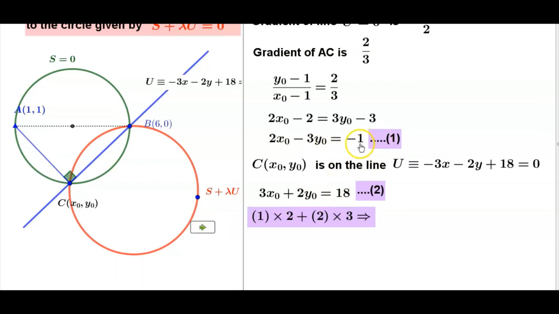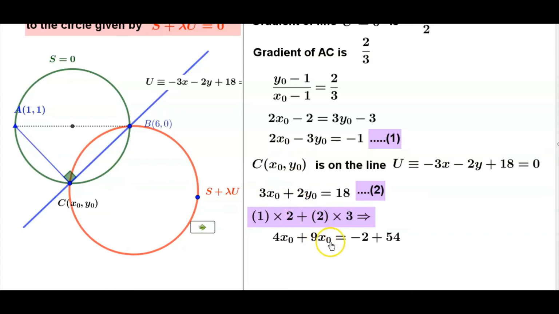By using 1 and 2, multiply equation 1 and multiply equation number 2, then add. So we will get this one multiplied by 2: 2 into 2x naught, 4x naught, and multiplied by 3: 3x naught into 3, 9x naught.